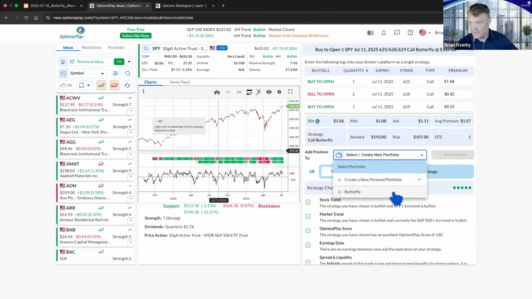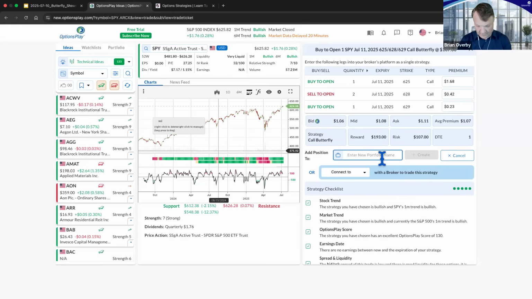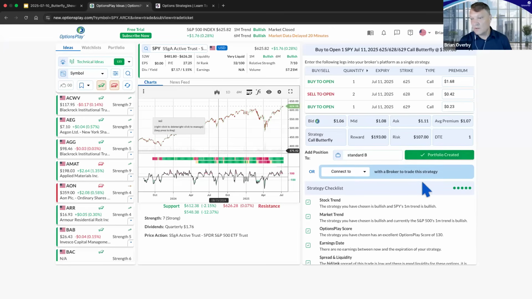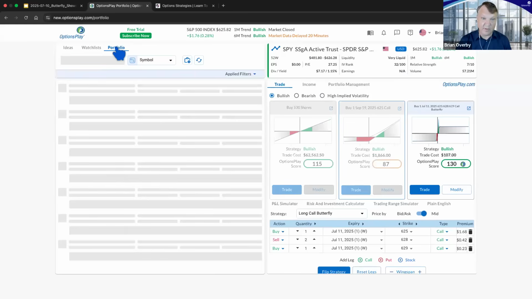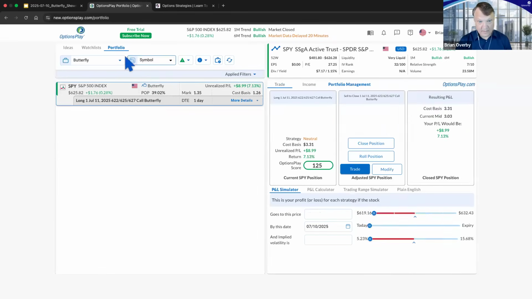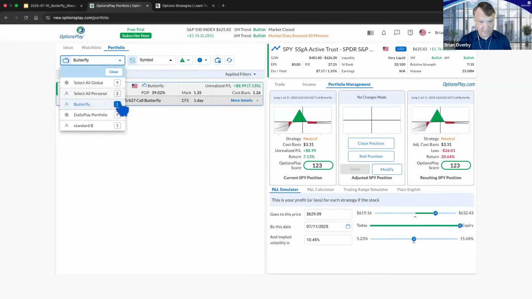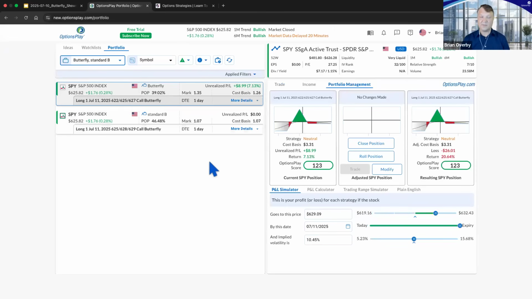Okay, so let's add a portfolio, and let's call this standard B. And create that one. And then we're going to add that position. So now if we go into portfolio, we can hit our portfolios, and we can go butterfly, and we can go standard B, and we can put them right next to each other.